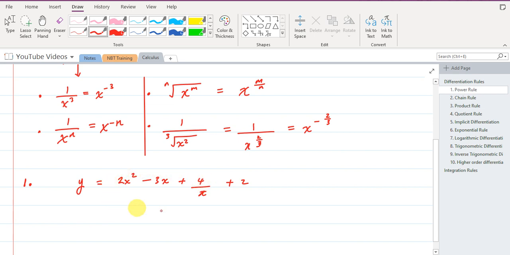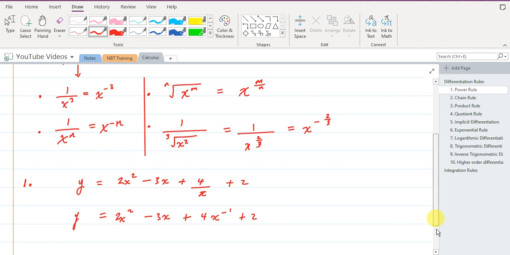As we can see over here, this is not in terms of powers. So let us write this in terms of powers. y is equal to 2x squared minus 3x plus 4x to the power minus 1, plus 2.